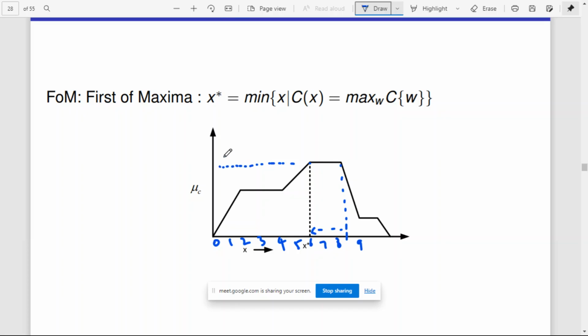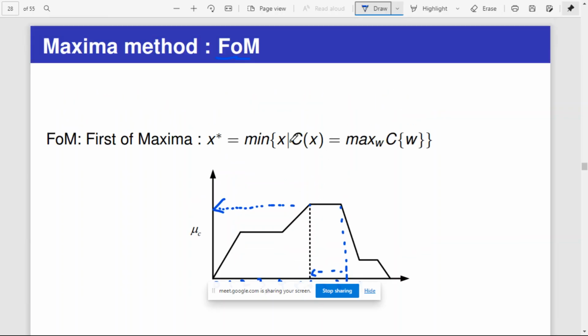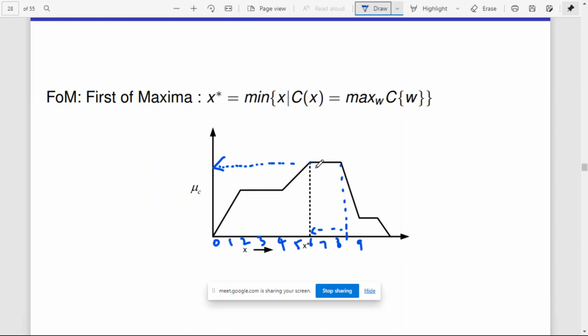Now how will you convert the fuzzy values represented by this membership function to a crisp value? If you are using the FOM method, it says that out of all the values of x which give the highest membership value, you take the first value. The first x which gives the highest membership value is 6.